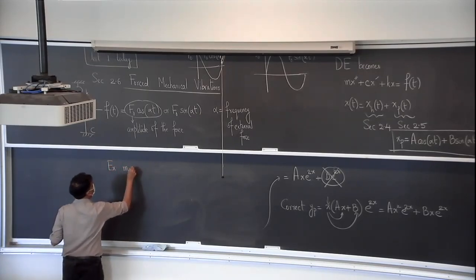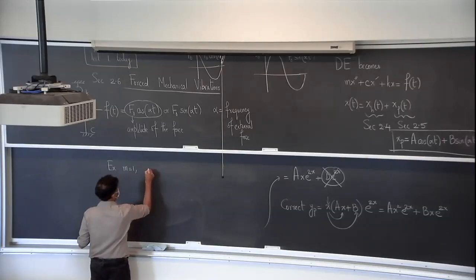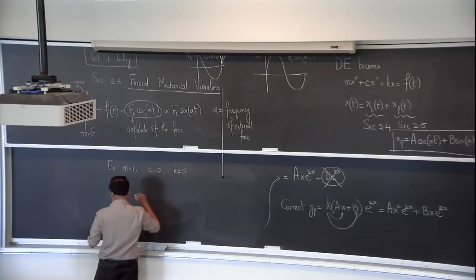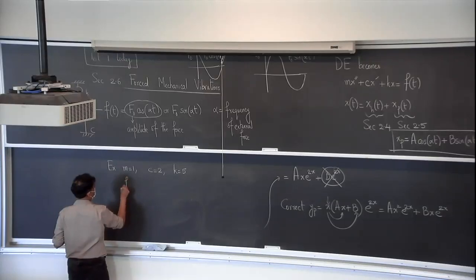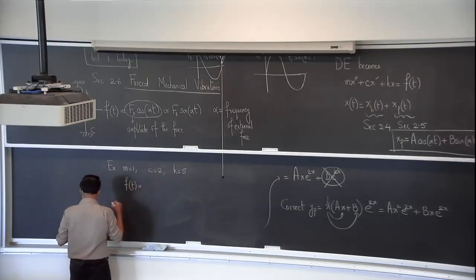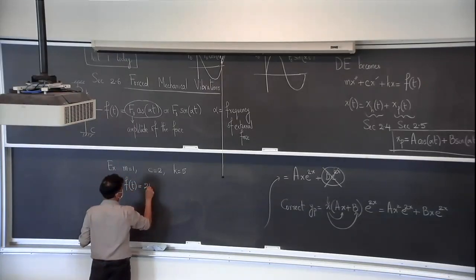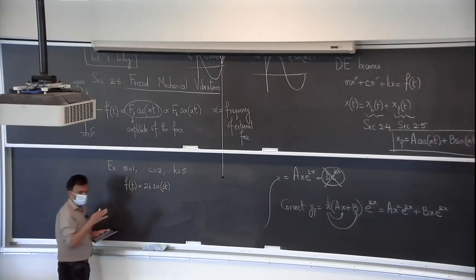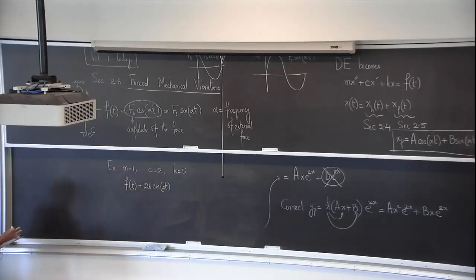M equal to 1, C equal to 2, K equal to 5, and the external force is F of T equal to 26 sine of 3T. So 26 is the amplitude or the strength of the force, and then the 3T kind of controls how frequently it is coming back and forth.